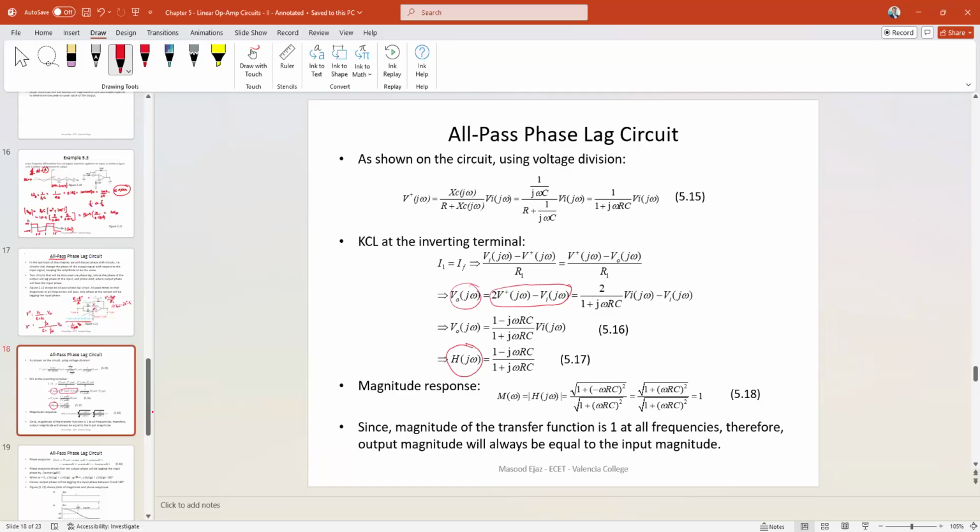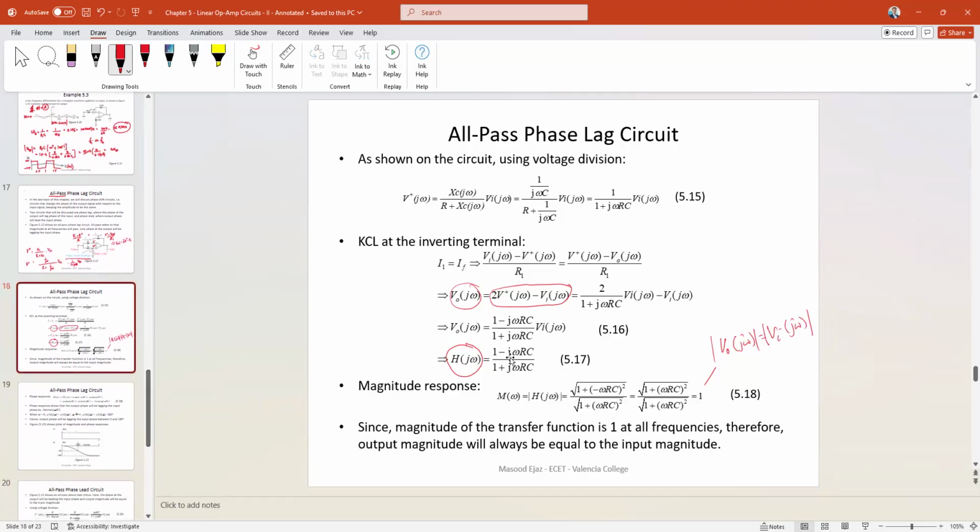So the magnitude of the numerator is the square root of a squared plus b squared, so the square root of 1 plus negative omega RC squared, and the same goes for the denominator. So the terms in the numerator and denominator are the same. Therefore, the magnitude of the transfer function is 1, which means that the output voltage magnitude at all frequencies is equal to the magnitude of the input voltage at all frequencies. As we said, it's an all-pass filter.